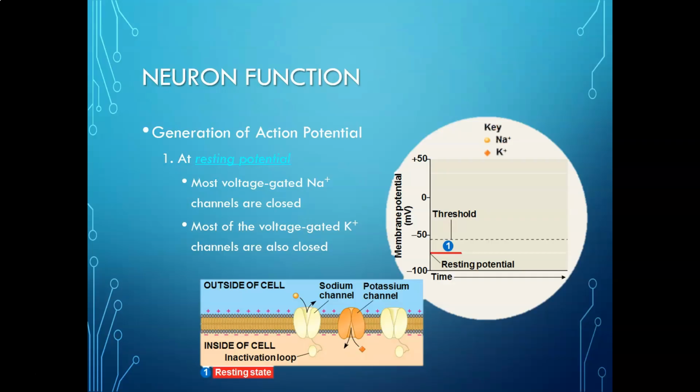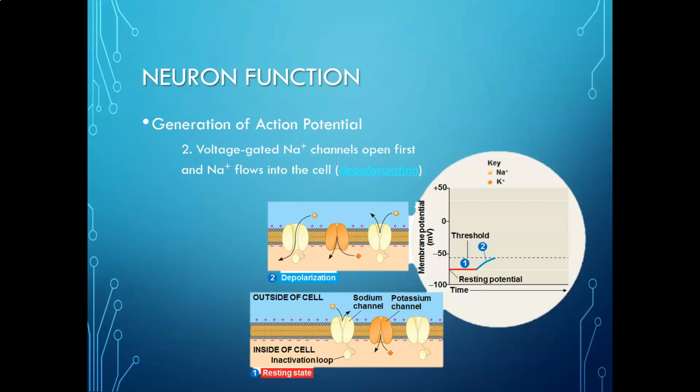So they're not allowing sodium in and out. And most of the voltage gated potassium channels are also closed. So we're setting up this dynamic of overarchingly positive charge on the outside, overwhelming negative charge on the inside. And we're just sitting there resting. This is where I'm not sending any signal.